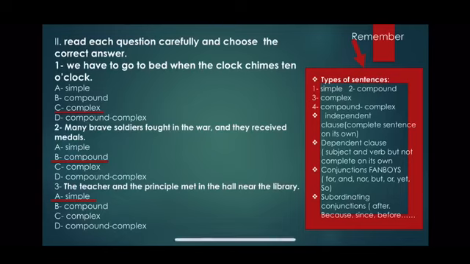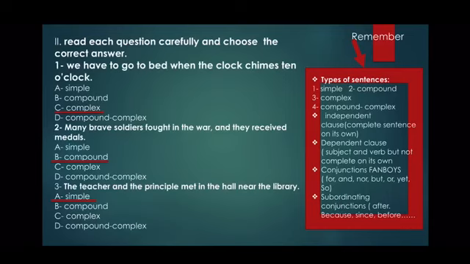Now here you're going to have in the exam also a question similar to that question, which is about the types of sentences. And you should remember what is written in the box. You should remember, guys, that the independent clause is a complete sentence that can stand alone. A dependent clause has a subject and verb, but is not complete on its own.